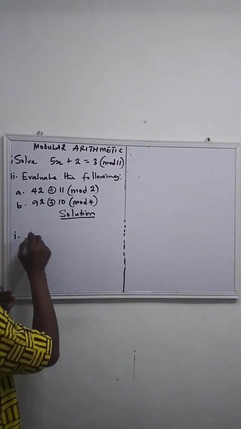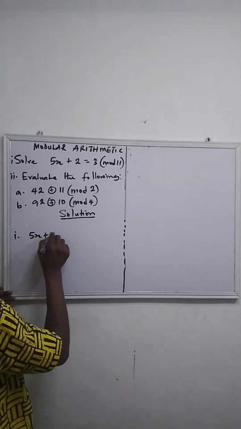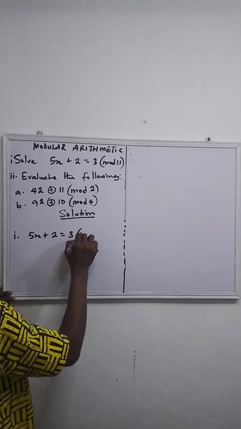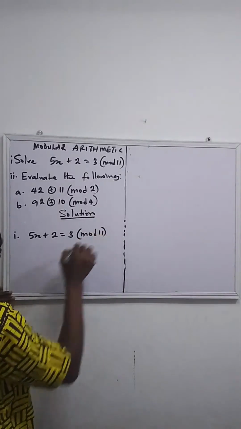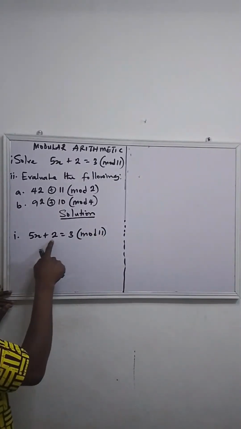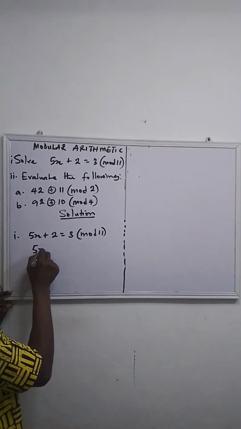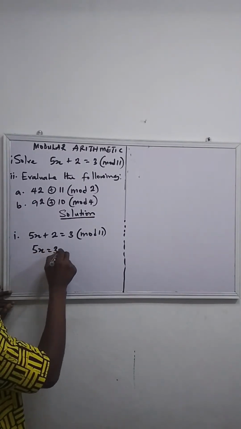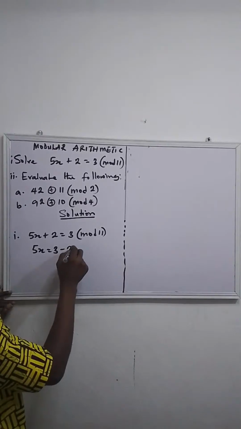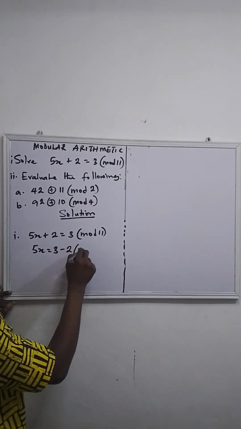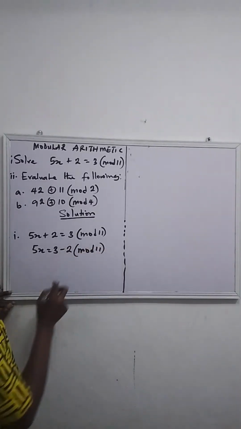Okay, so we have 5x plus 2 equals 3 in mod 11. All right, now let's transpose this positive 2. So we have 5x equals 3 minus 2 in mod 11.